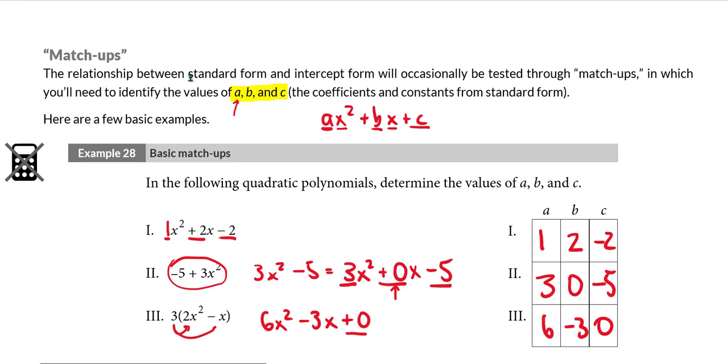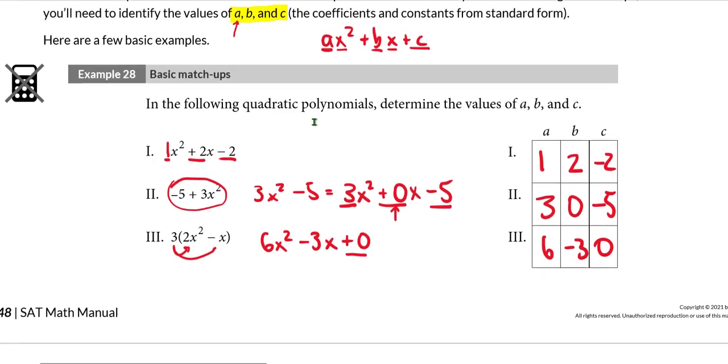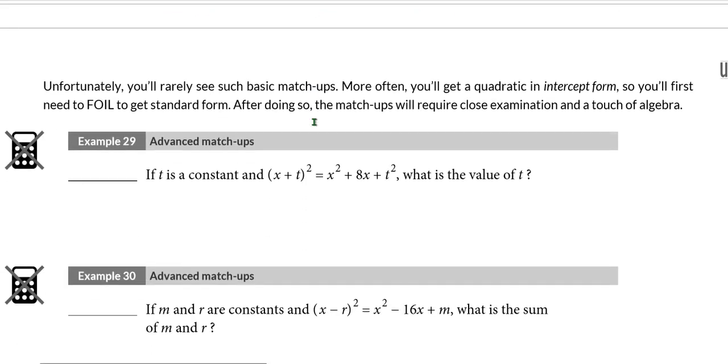and C values. But where matchups get a little bit trickier is in cases like examples 29 and 30, where it's not necessarily so obvious right away what our A, our B, and our C values are. I'm going to actually write down a little tip-off clue.